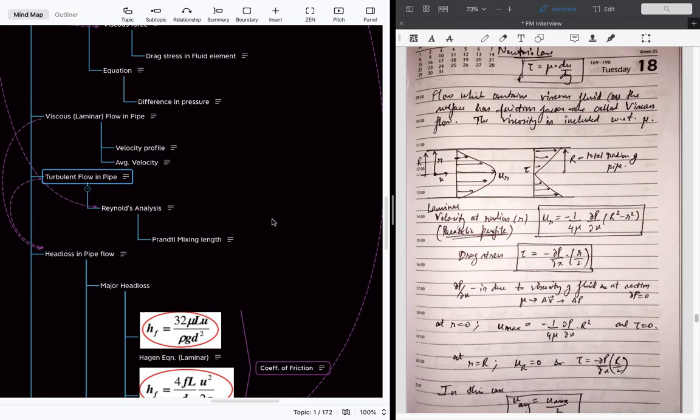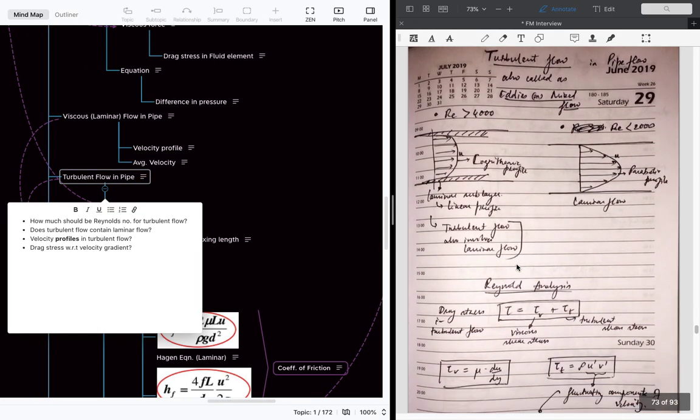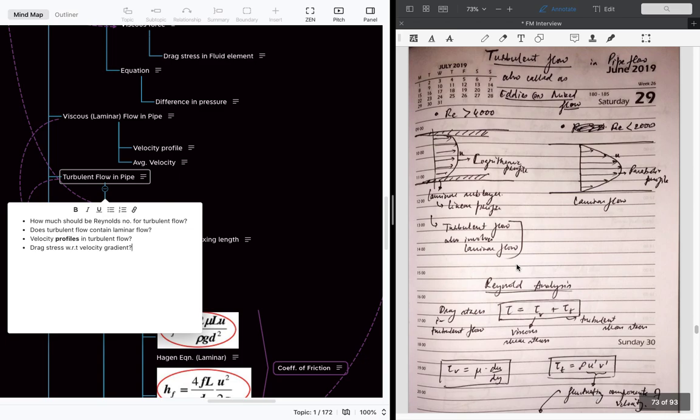So next we go to the turbulent flow in the pipe. Turbulent flow in a pipe is also called eddy or mixed flow because of the eddies formed there. In turbulent flow, the Reynolds number should be more than 4000, and for laminar flow, it should be less than 2000. The velocity profile of the turbulent flow is something like this.